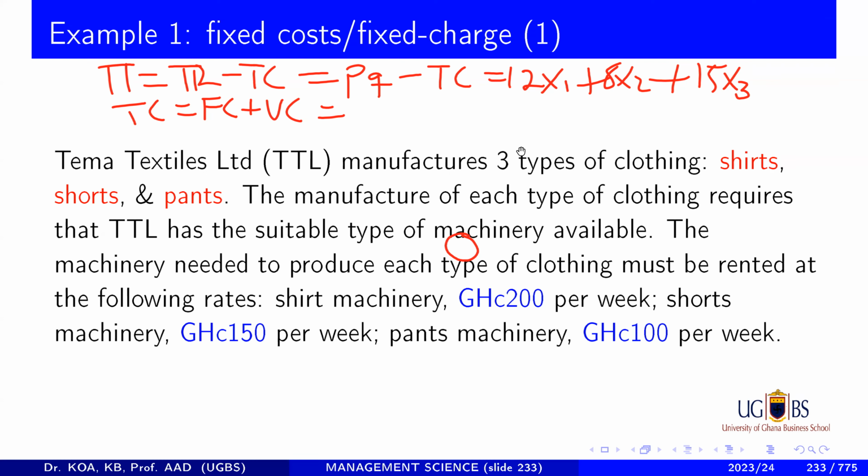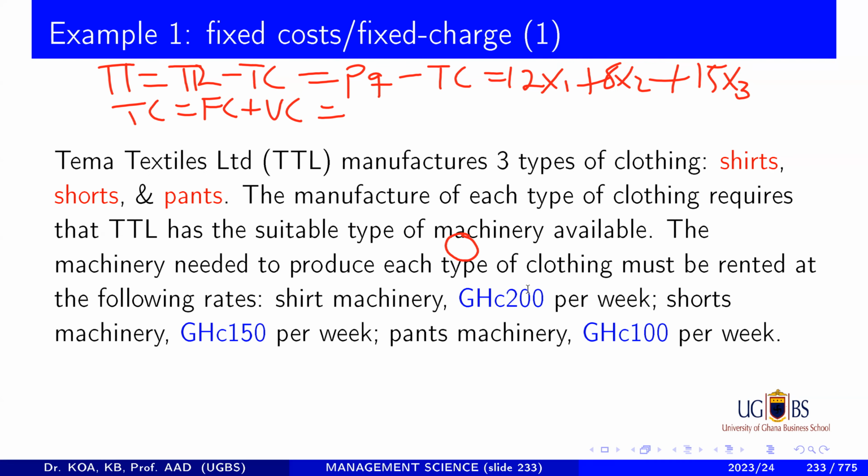In other words, provided that the machinery was actually rented. Because if the owner is going to produce the shirts, then the owner will rent the machinery for shirts, which makes y1 equal to 1. So provided we actually rent it, then the 200 is realizable.